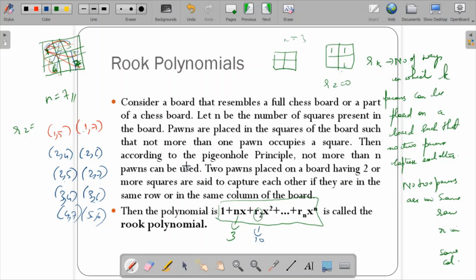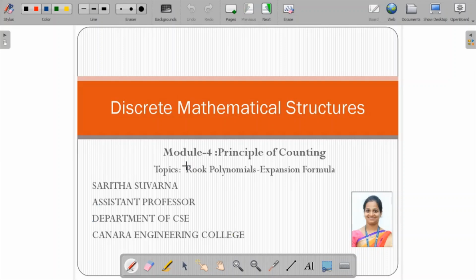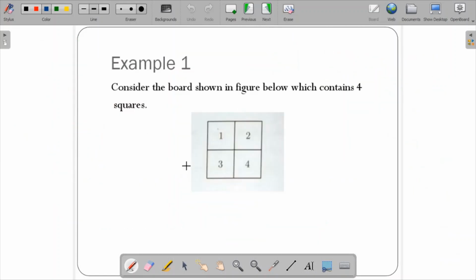So let us go directly to the example. Example 1. Consider the board shown in the figure below, which contains 4 squares, that is 1 2 3 4, already filled. From this you write the formula for the root polynomial. If you consider this as the chessboard, you can put it as R of C comma x, the root polynomial of C comma x.